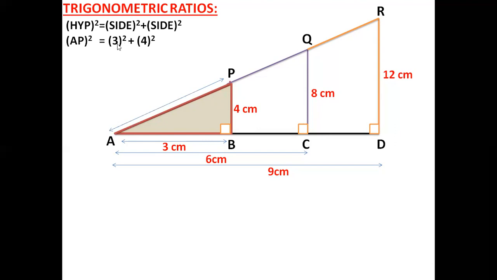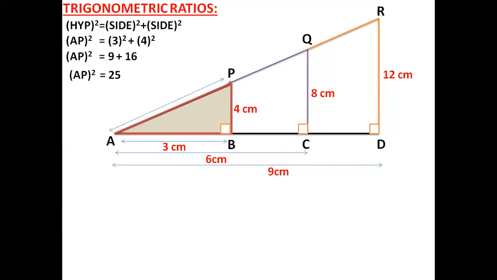So AP square is equal to 3 square plus 4 square, since AB is 3. Here 3 square means you multiply 3 by itself two times, you get 9. 4 square means 4 into 4, that is 16. So AP square is equal to 9 plus 16, that is 25.